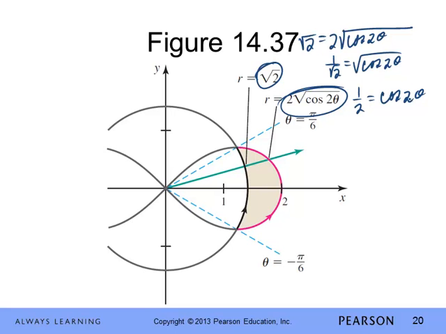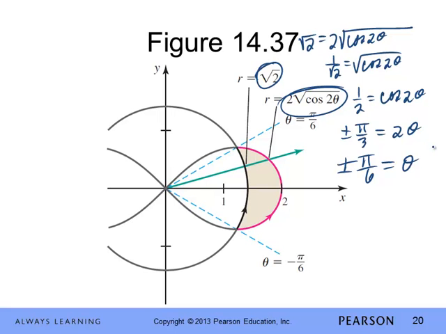Well, when the angle is plus or minus pi over 3. Plus or minus pi over 3 is equal to 2 theta. So that means that you divide both sides by 2, you get plus or minus pi over 6. And that's what gives you your lower and upper limits for theta.